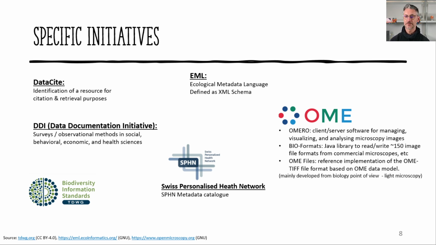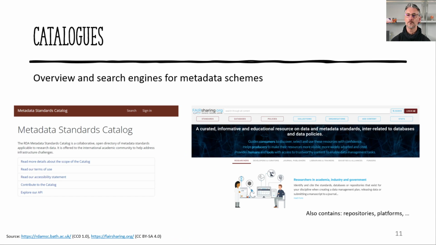In healthcare, we have the Swiss Personalized Health Network. So there are lots of initiatives that focus on describing data with metadata. Having access to this metadata also allows us to enter data into catalogs. These are like specialized search engines for metadata and metadata schemas.